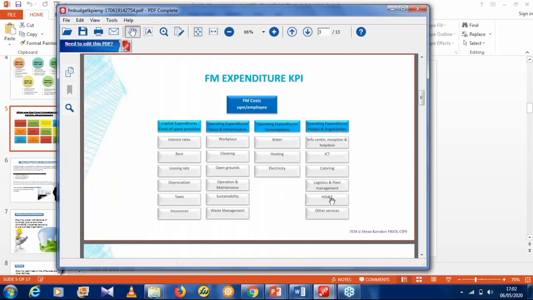These are personnel that are involved in that. And other services too, like the finance department. We mentioned logistics already. So all these areas are some other expenditures that are involved.